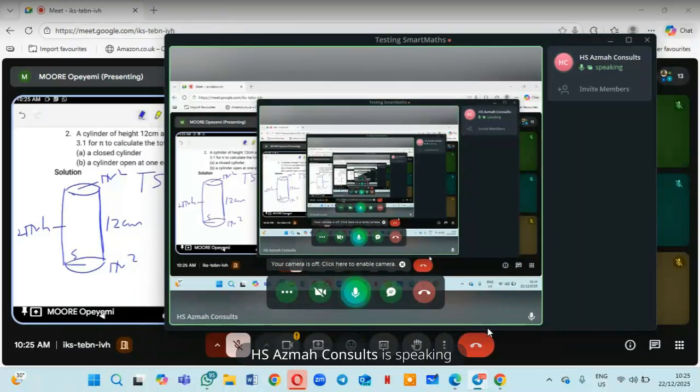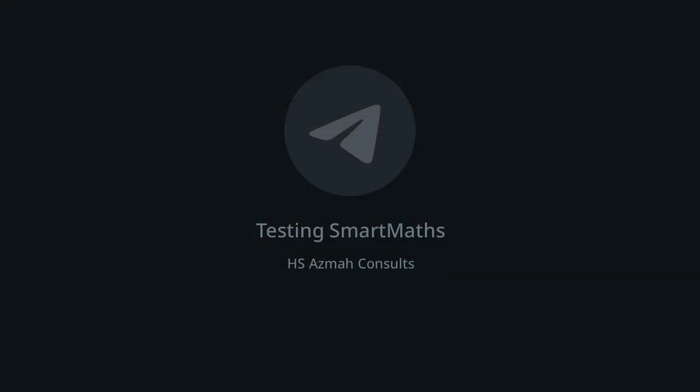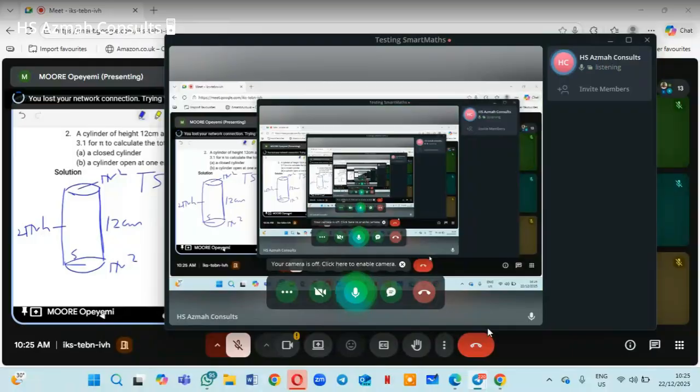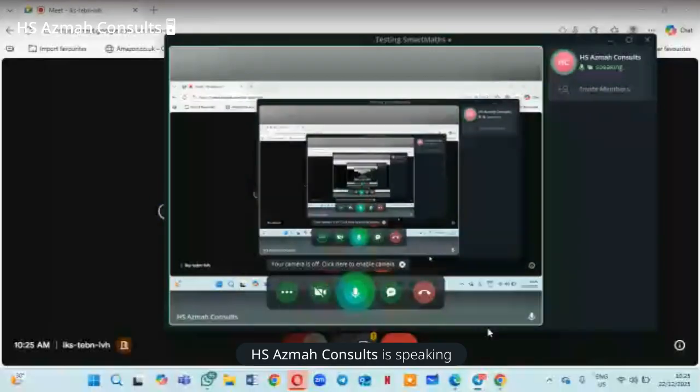Now, from what we have done before now under factorization, what you see that they have in common is 2πr. This is the formula.